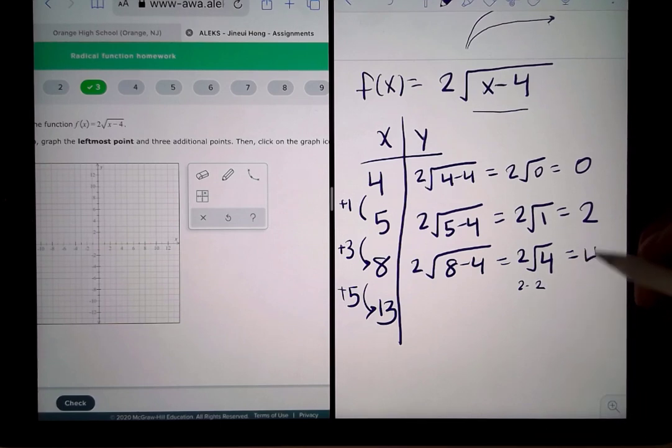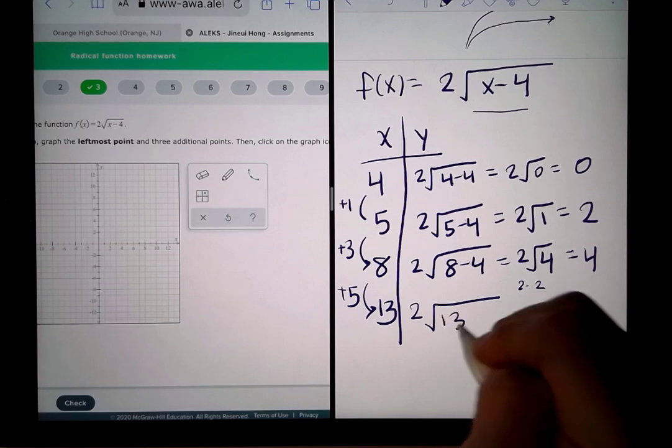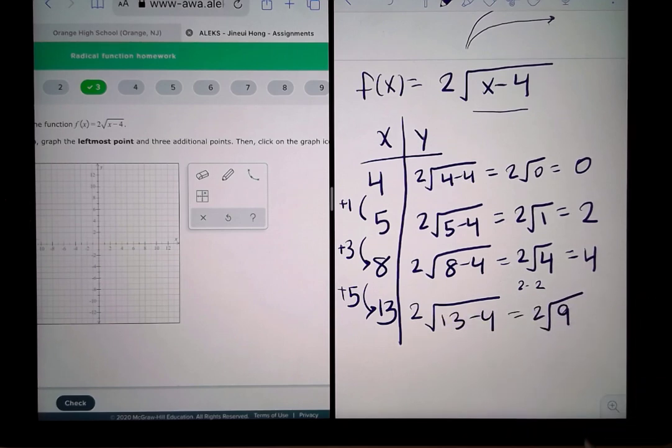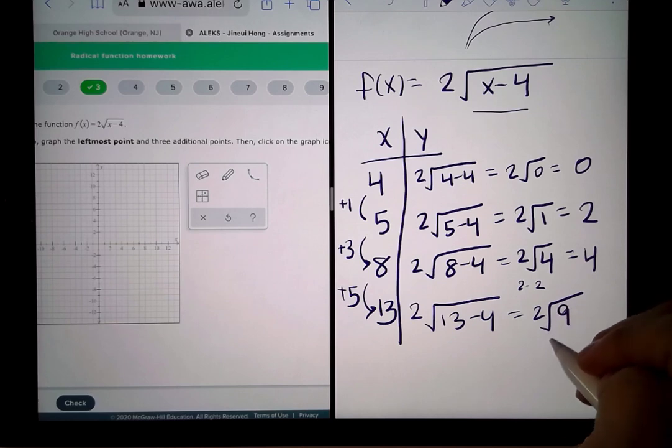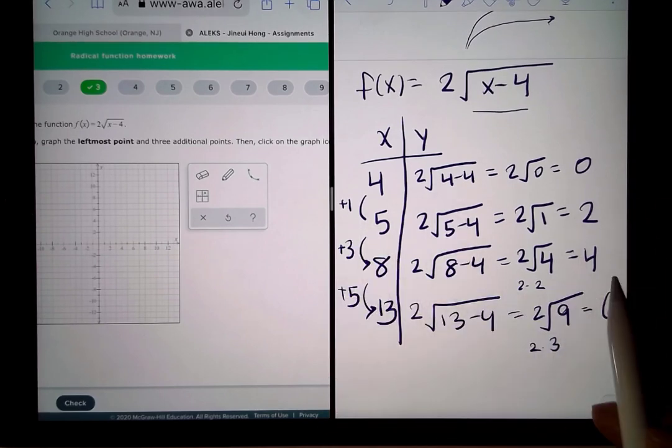So it will be 4. And for that one, 2 square root of 13 minus 4. What's 13 minus 4? 9. Then you know square root of 9 is 3. So 2 times 3, then you get 6. Alright? So now we got all the points. 4, 0, 5, 2, 8, 4, 13, 6.